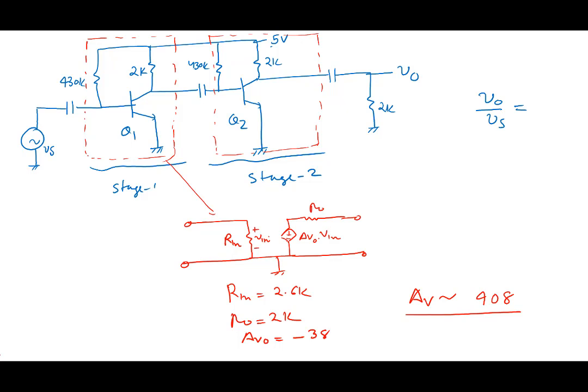Is it 408 or what? Gain, 408. Everybody please calculate. All that you have to do is substitute, instead of the amplifier, substitute this here, put the load, put the source. That's it. All right, everybody can do. Otherwise, if you're facing difficulty, tell me, where is the difficulty?